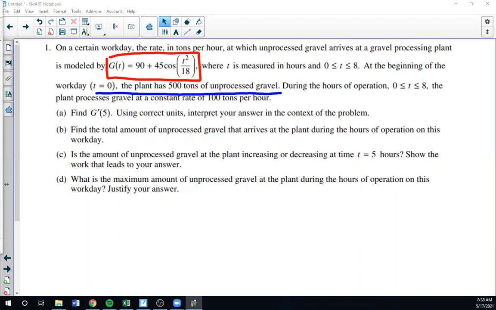It's the rate in, and you can tell that because this is the rate that we are arriving. So gravel is coming in, and if that's the rate that it's coming in, that's the rate in. So this is my rate in.